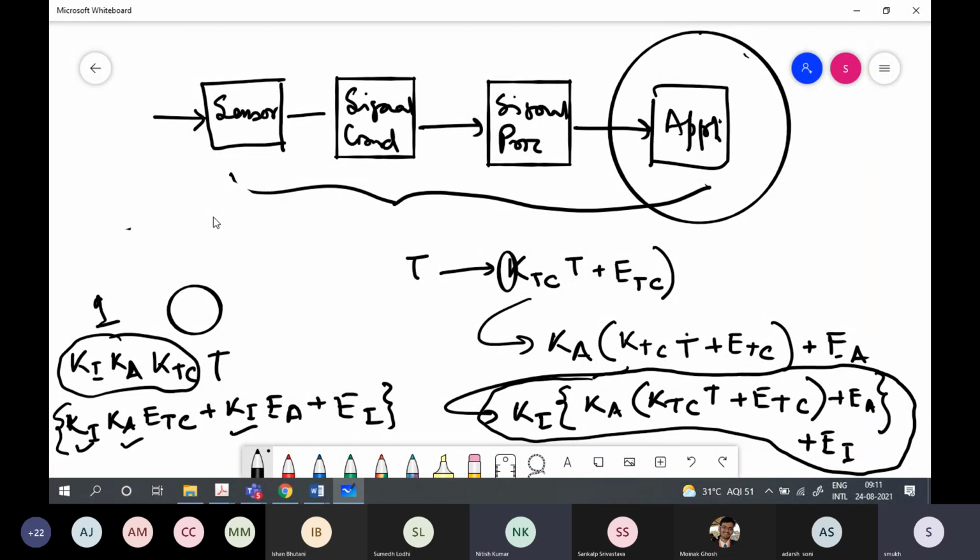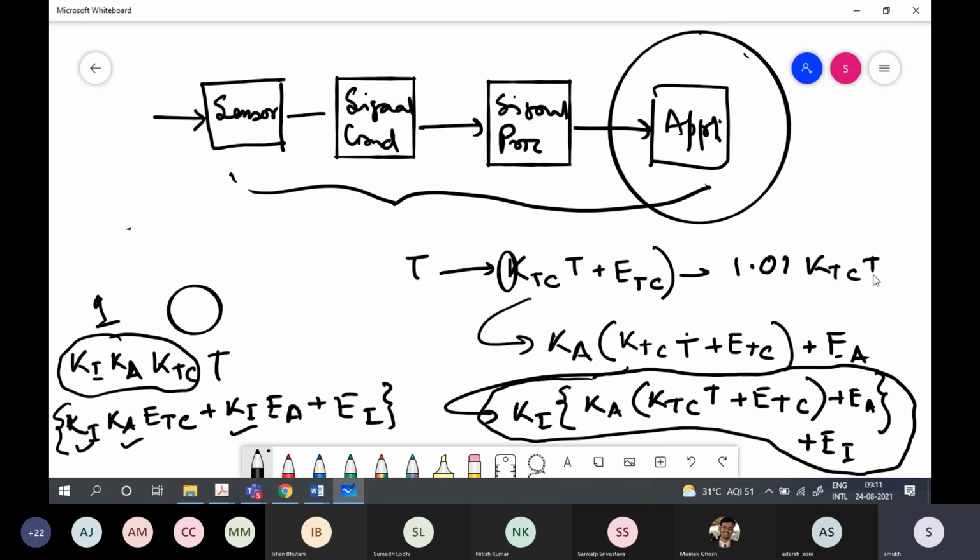So I've not yet defined ETC. We can write this term as maximum value, 1.01 KTC into T. Yes, sir. So if we proceed this way, then basically we can have all those percentages in addition and multiplication. 0.01 KTC into T. Okay, very good.